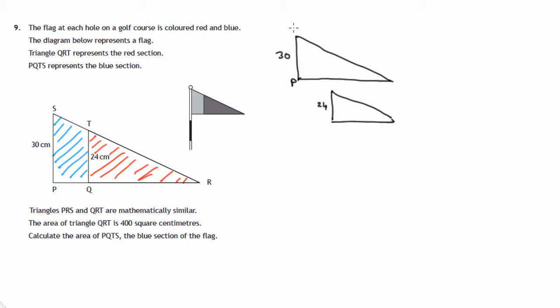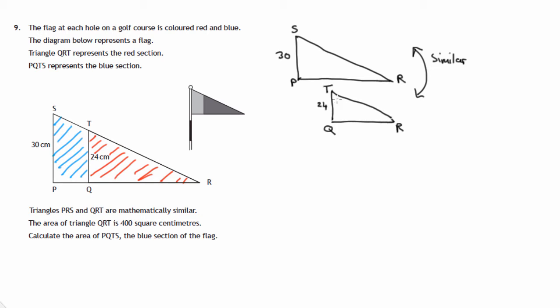This large triangle PSR and this small triangle TQR are mathematically similar. Now that means that the large triangle is an enlargement of the smaller triangle.